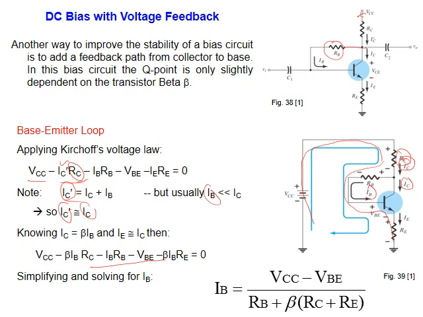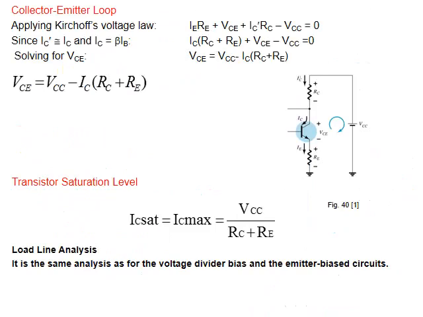So I rewrite the equations this way, and the final form is I base equals V collector emitter minus V base, which is the same numerator as for fixed bias, emitter bias, voltage divider bias, and DC bias with voltage feedback. RB here, but beta is now multiplied by RC and RE. RC becomes part. Now the remaining is the same.